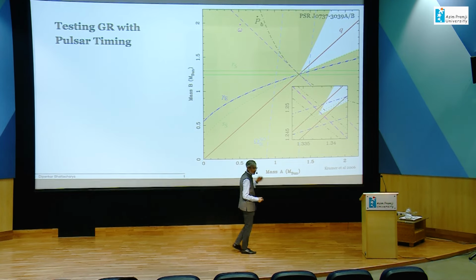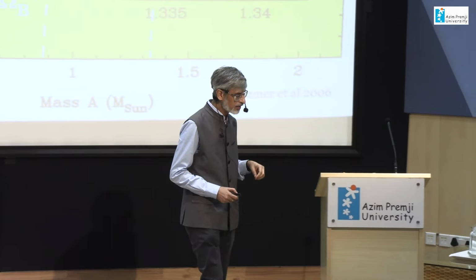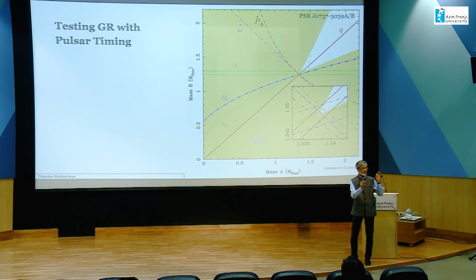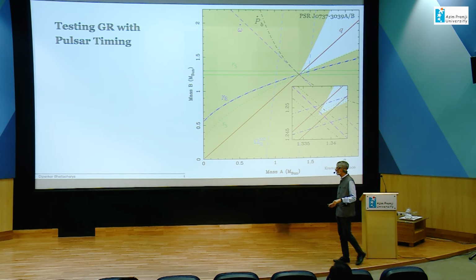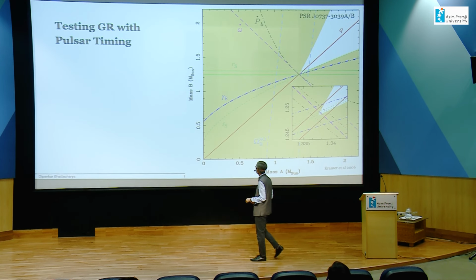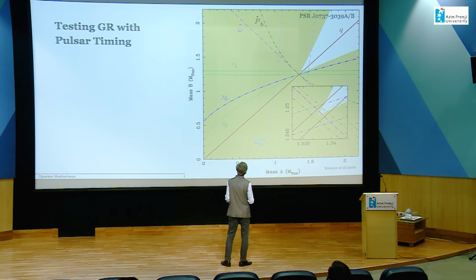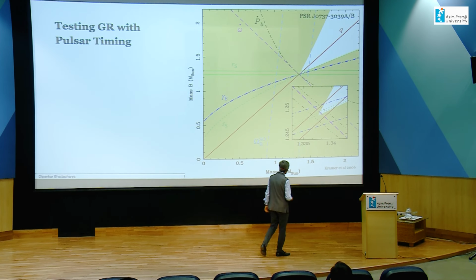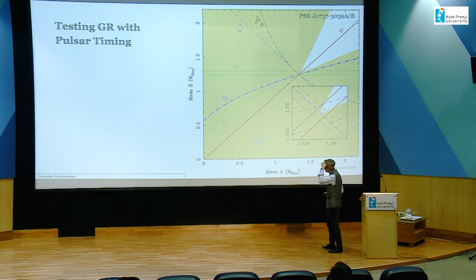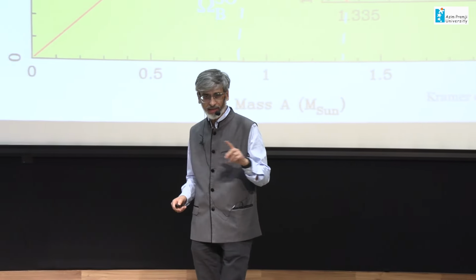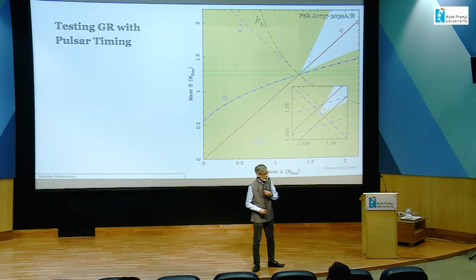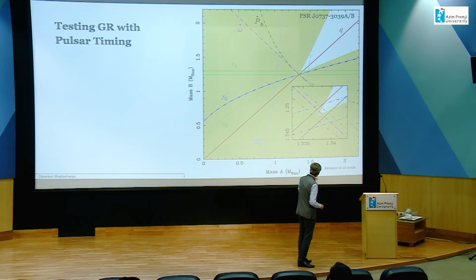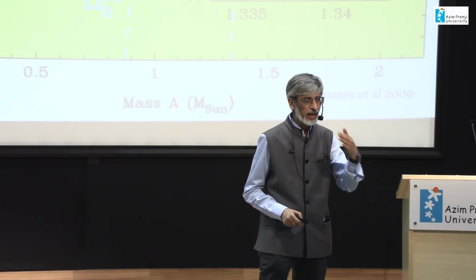And this is one such example. This is from another object. It's a double pulsar where both the pulsars could be observed by us. And so this is usually displayed in this mass diagram. So there are two neutron stars. You have the mass of one on the horizontal axis, the mass of the other one on the vertical axis, and using any of those measured parameters, you predict the curve on which this mass correlation lies.